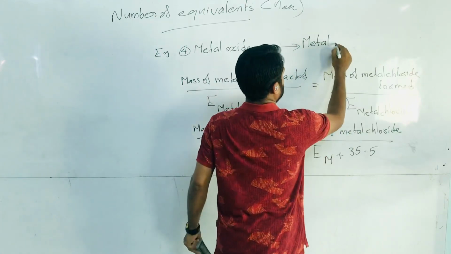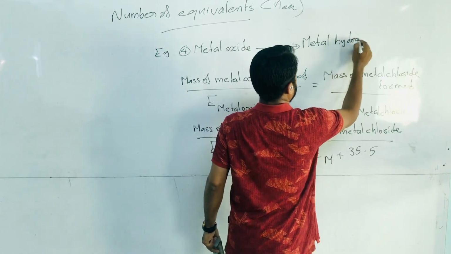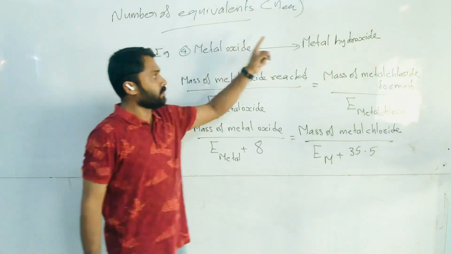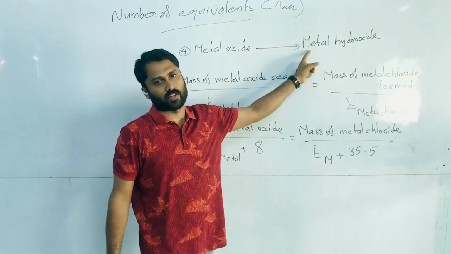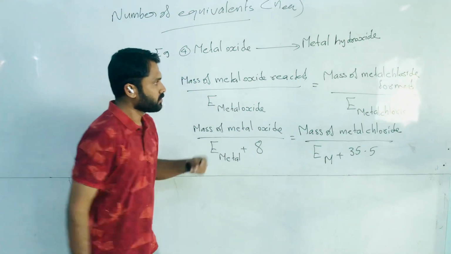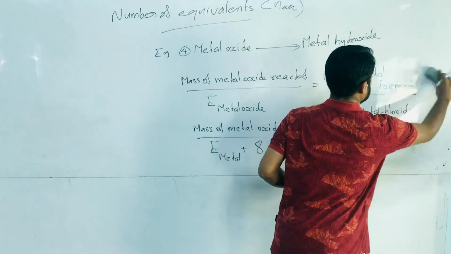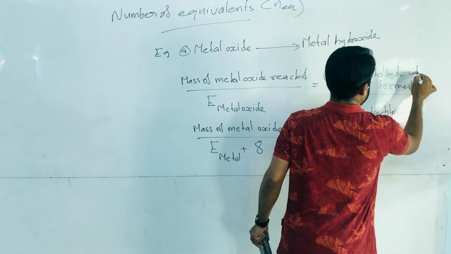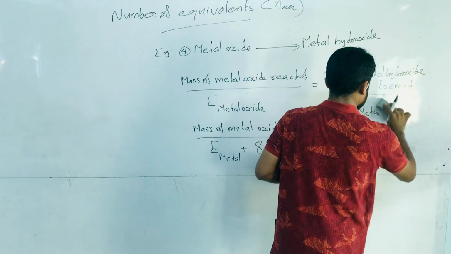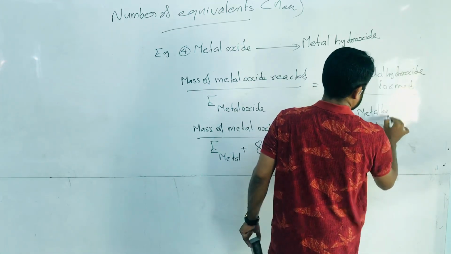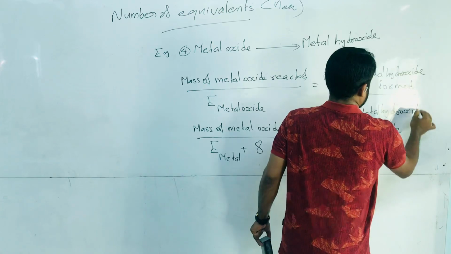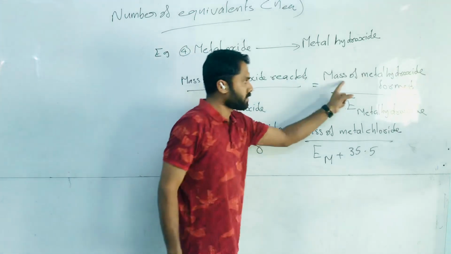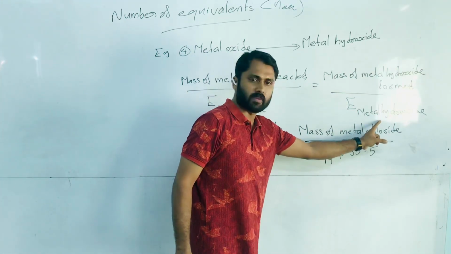If you give a reaction like this, that is metal oxide is completely converted to metal hydroxide, these equations can be modified. Mass of metal oxide reacted by equivalent mass of metal oxide, mass of metal hydroxide formed by equivalent mass of metal hydroxide.